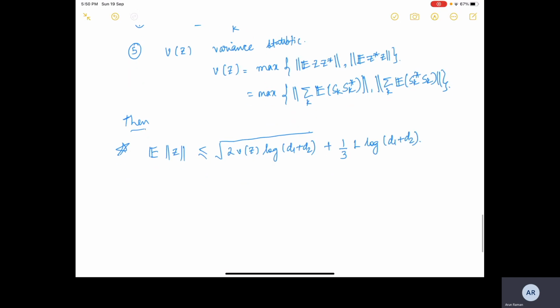And for all t greater than or equal to 0, the other bound that we have is on the probability that the spectral norm is greater than t.